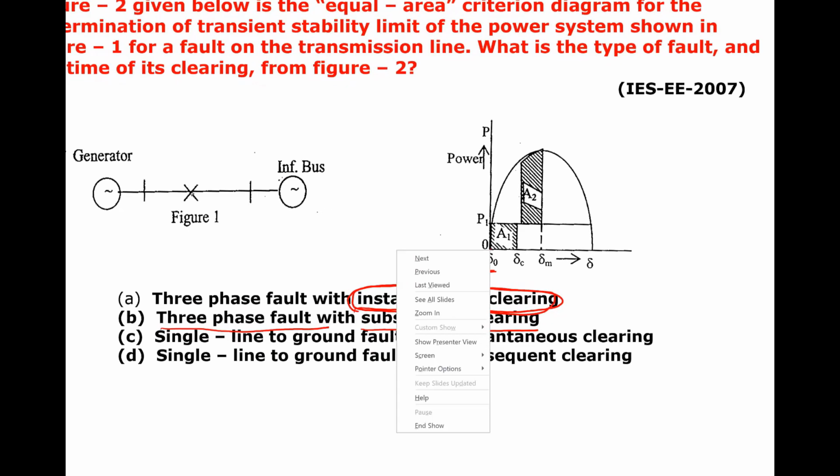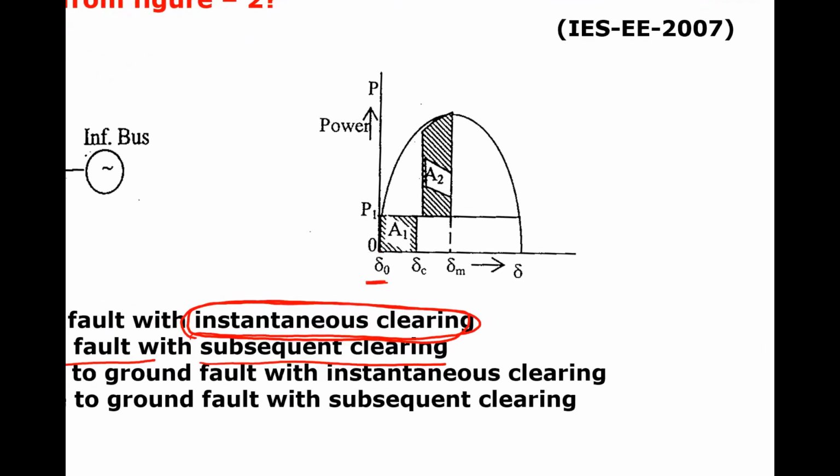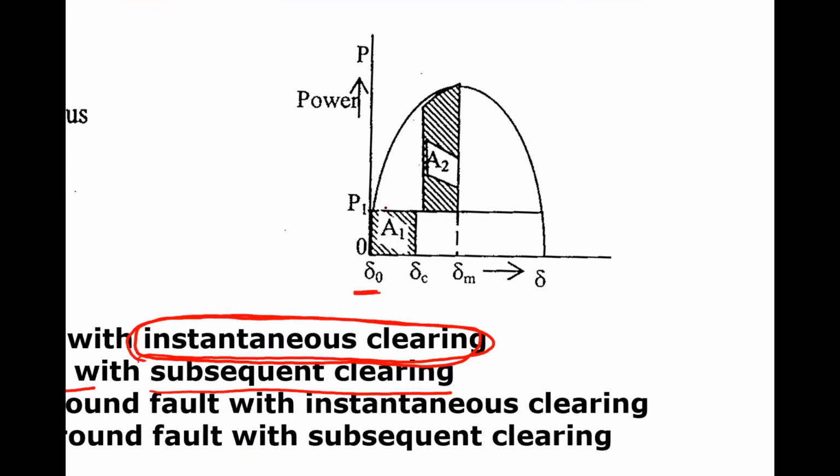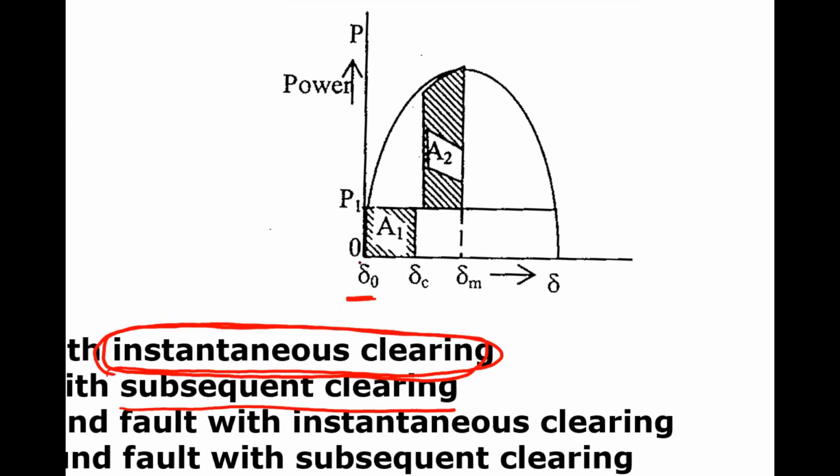The power transferred during fault is 0. So the total shaft power will act as accelerating power. Then it accelerated. At delta C, the fault is cleared. So again, the operating point shifted here and it swung till this value, that is delta max.